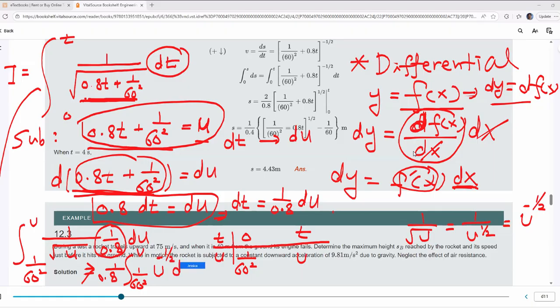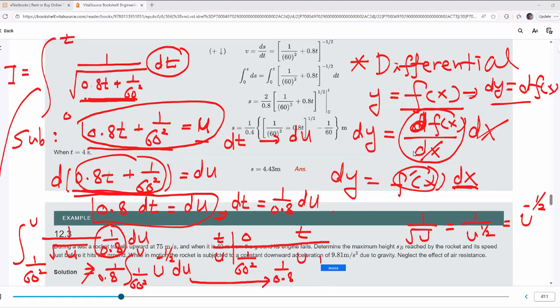Now we can use what? The power rule. Yes, we can use the power rule. Okay, 1 over 0.8, apply the power rule then.